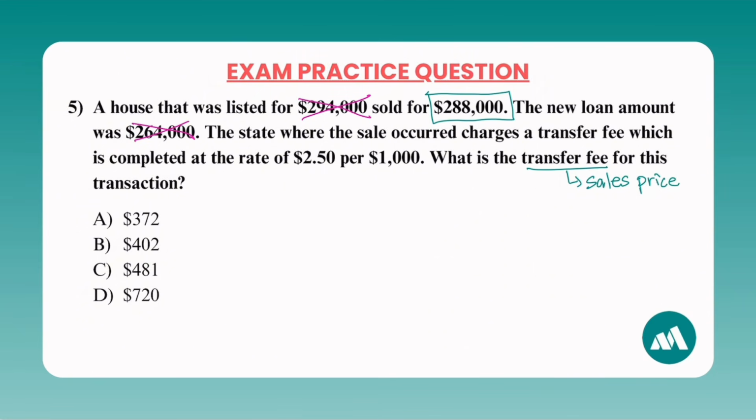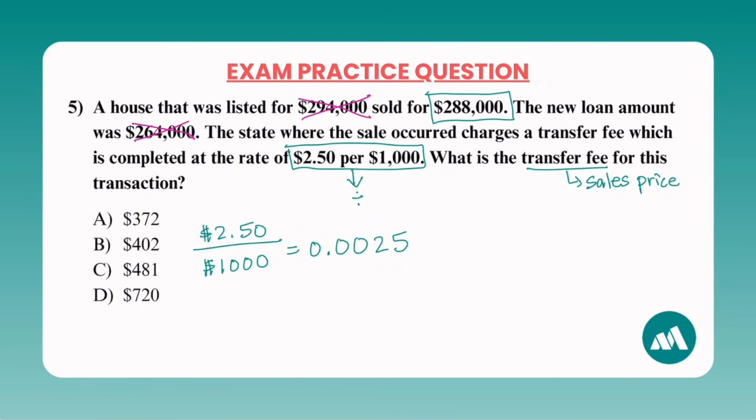Now, the second thing I want you to notice is this right here. The word per means to divide. So if we take $2.50 and divide it by $1,000, that is going to equal 0.0025.